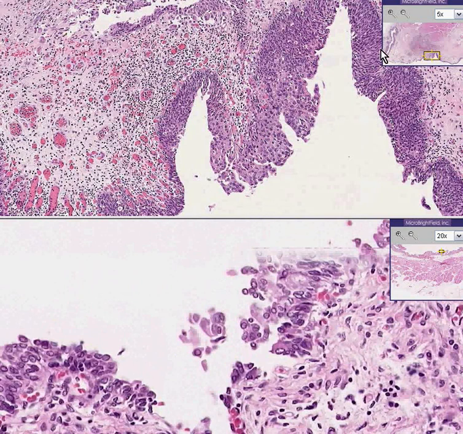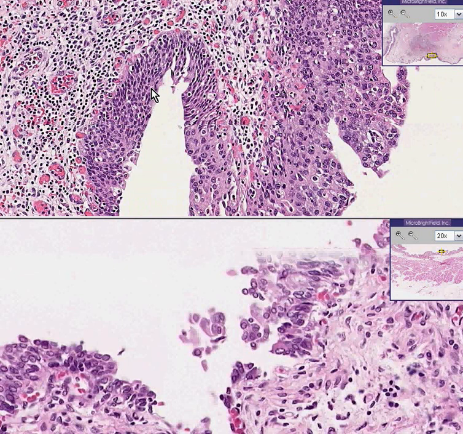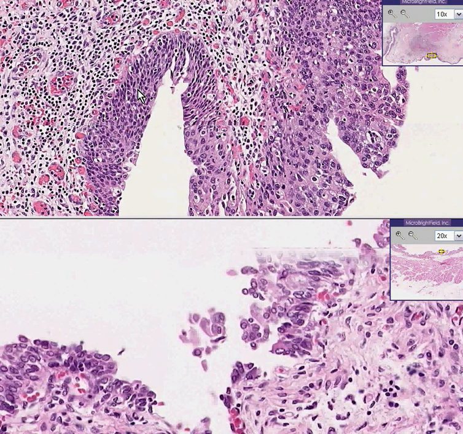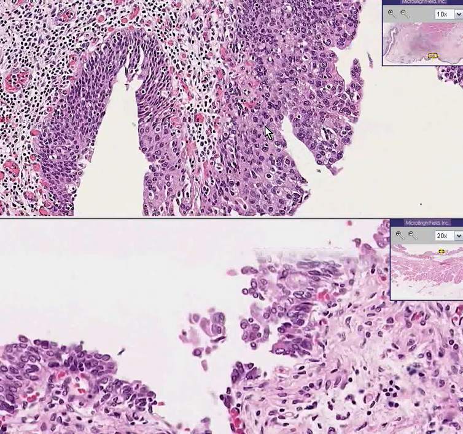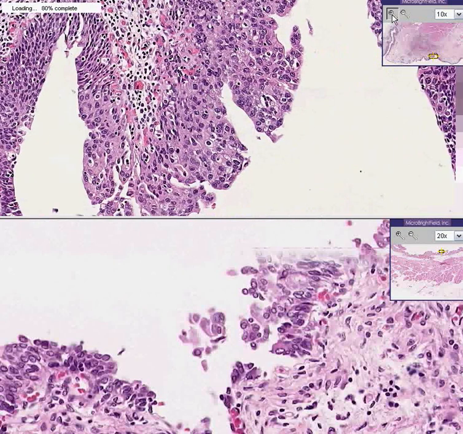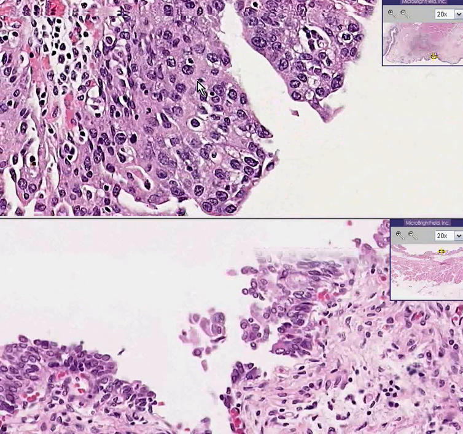However, on the top, we see something a little bit different. We see an area here which I could probably convince you is fairly normal, except for the fact that underlying the epithelium we see a lot of inflammation, don't we? But most of the mucosa here, several things are wrong. First of all, it's thicker than it should be.